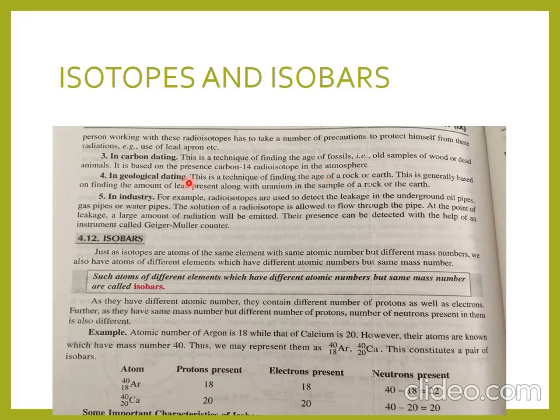Second, in geological dating, this is a technique of finding the age of a rock or the earth. This is generally based on finding the amount of lead present along with uranium in a sample of rock or the earth. Third, in industry, for example, radioisotopes are used to detect leakage in underground old pipes, gas pipes or water pipes.